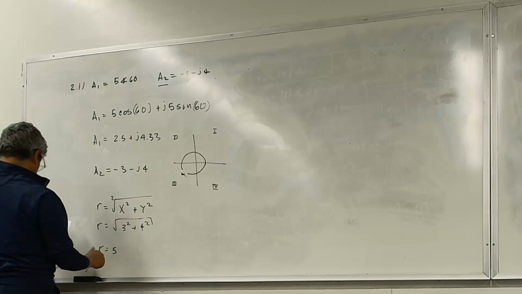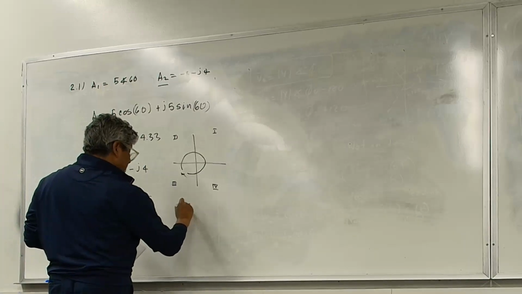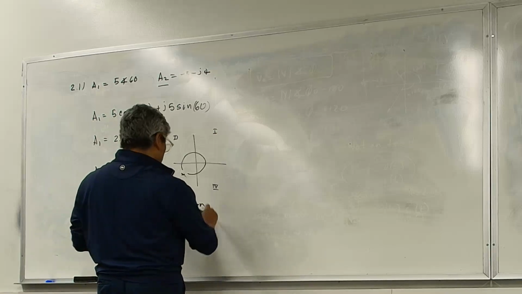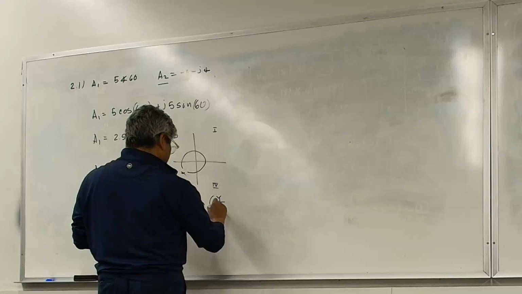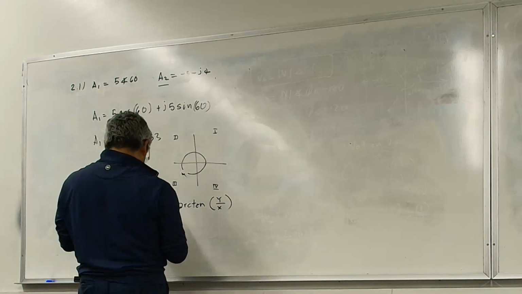And then the angle is the arc tangent of y divided by x. That's the angle. I'm going to call it theta.